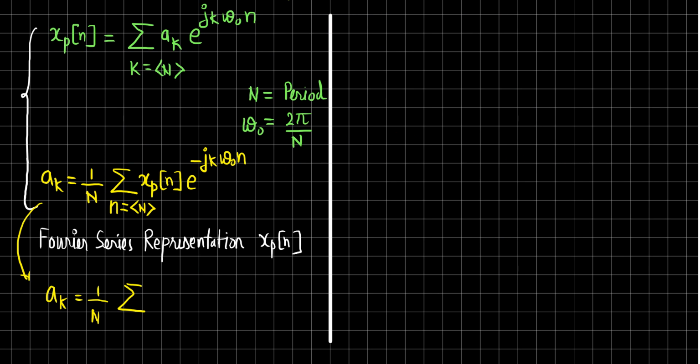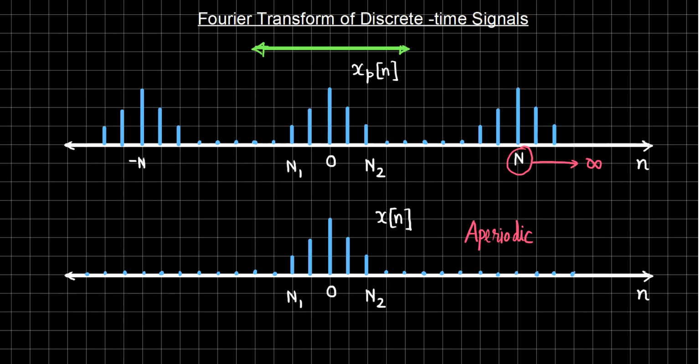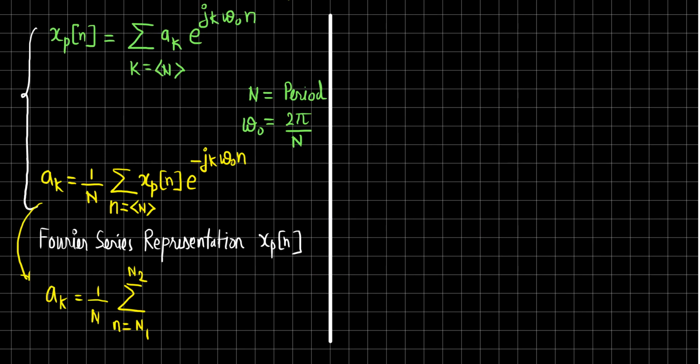So I may choose the summation over a period of n from say n1 to n2, where n1 is the lower limit and n2 is the upper limit of this signal. Now this can be represented as x_p of n e power minus j k omega naught n.